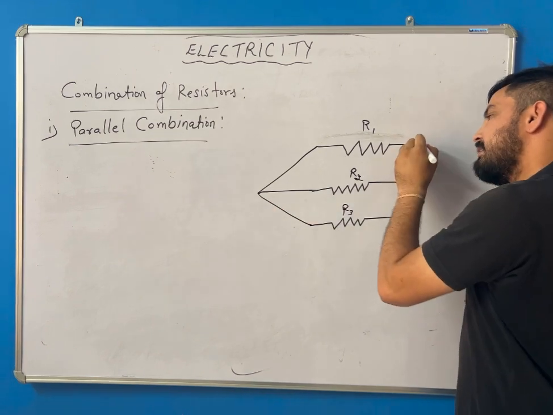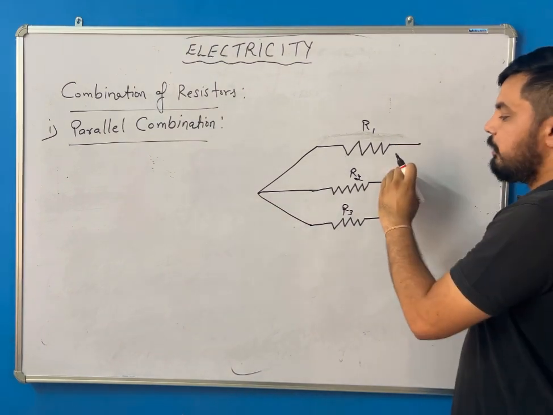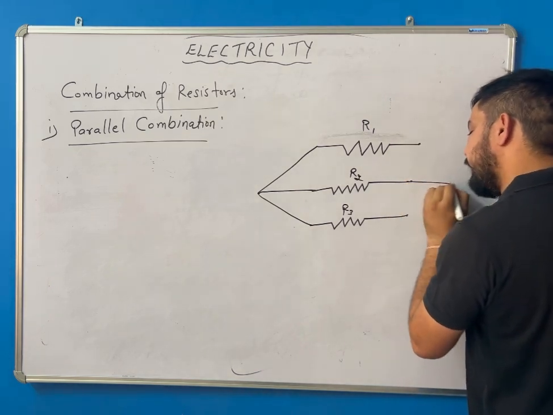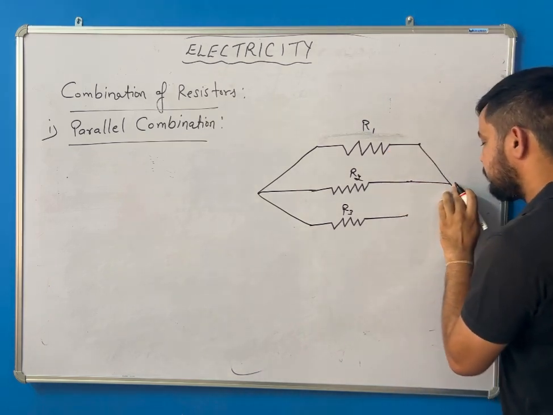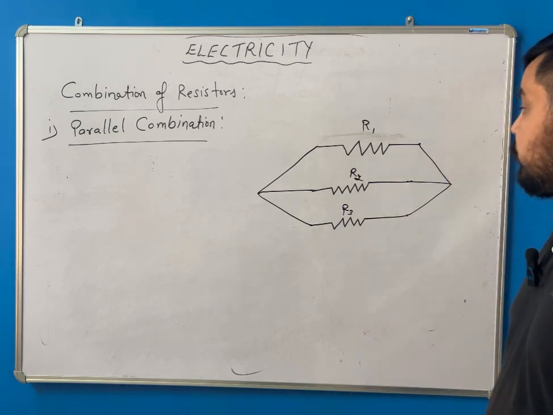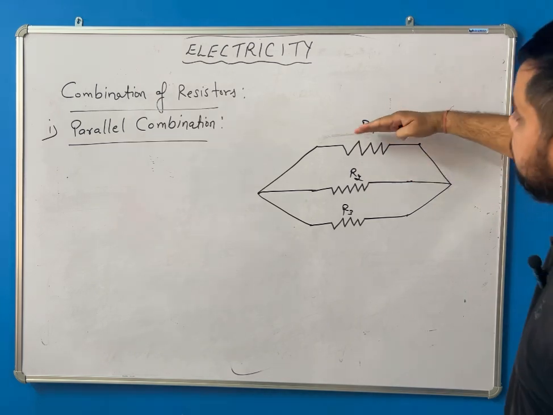In the same way, the second end of all these three resistors is also connected to a point. Now you will see that we have taken three resistors which are parallel to each other.